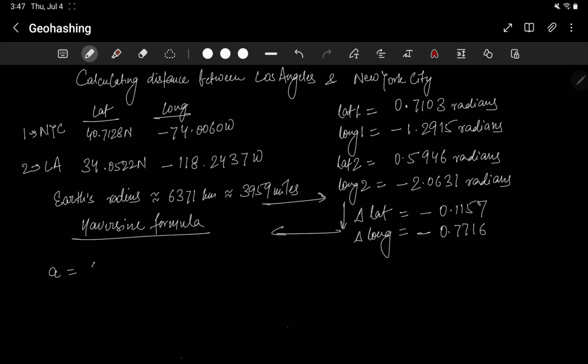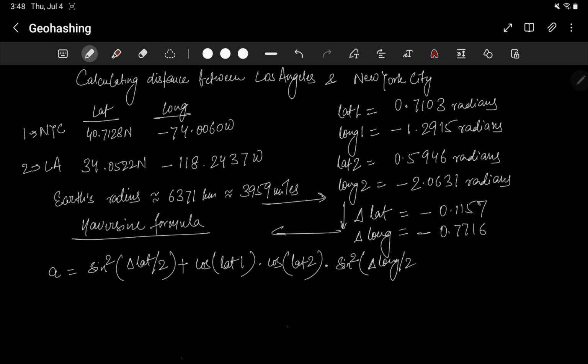So A is given by sine squared of latitude difference divided by 2, plus cos of latitude 1 times cos of latitude 2 times sine squared of longitude difference by 2.